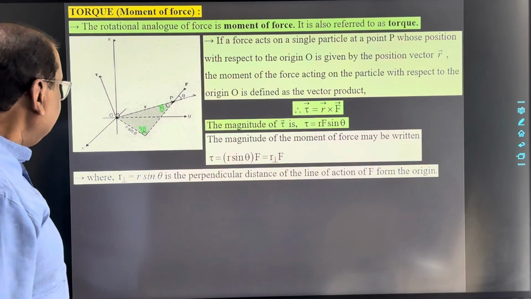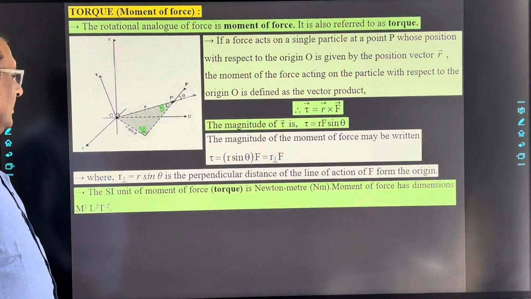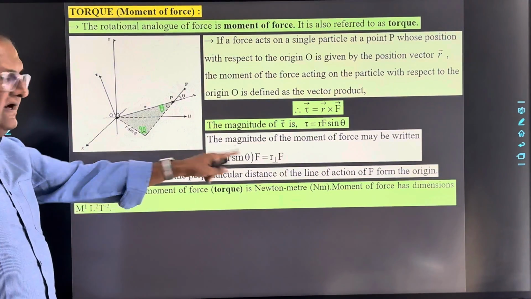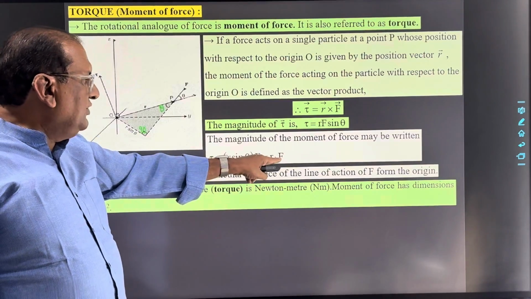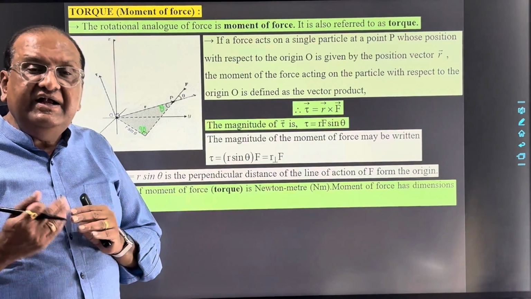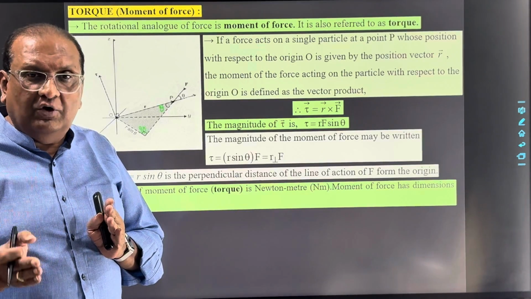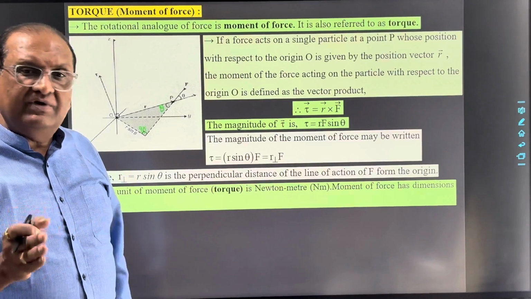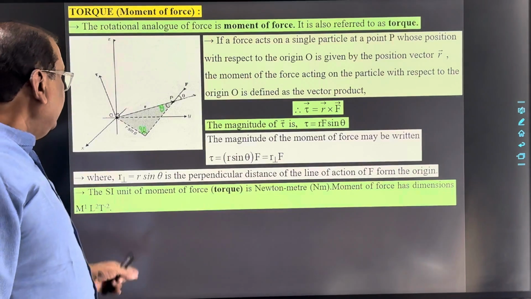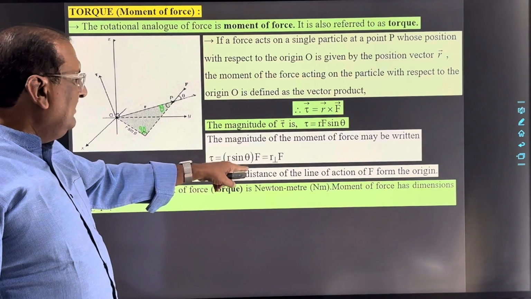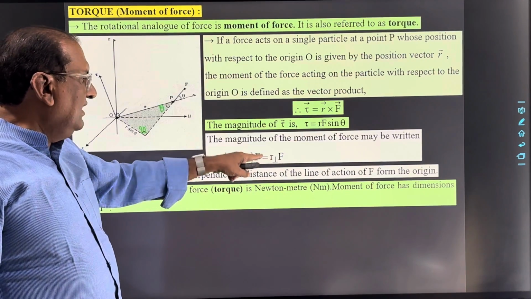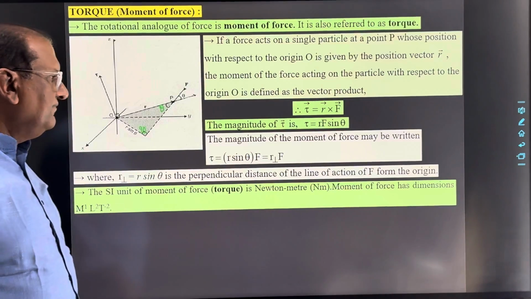So here we can write torque tau as the magnitude of force into the perpendicular distance of force with respect to the reference point. Here its SI unit will be Newton meter, right?